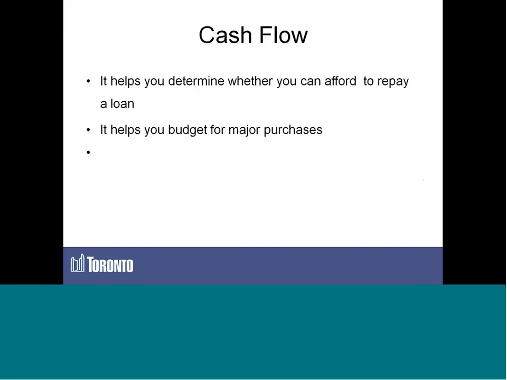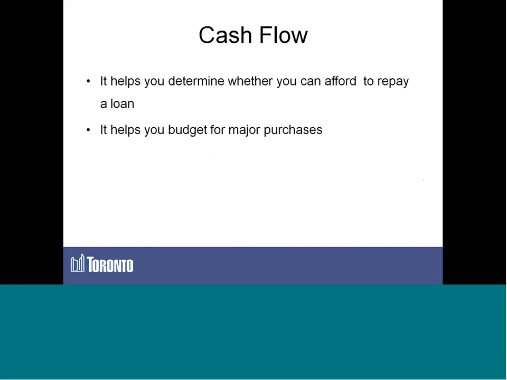The other thing it helps you determine is if you can afford to pay a loan. So let's use an example. Let's say I'm a business owner and I need to buy a new machine to produce widgets. Once I work out how much the machine costs and what the repayments are, using the cash flow forecast, I can determine if I can afford to repay this loan.